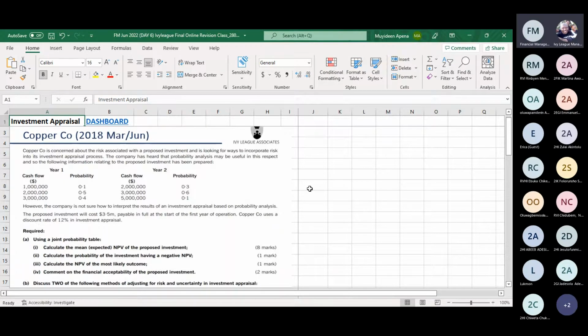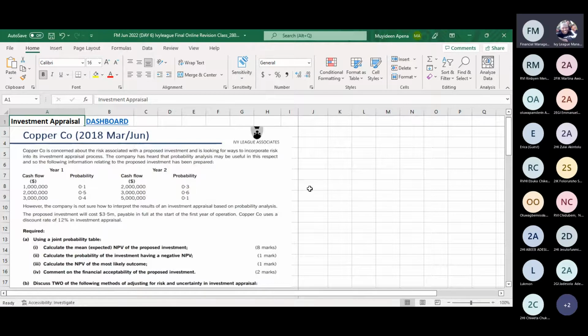For 2 years, they have their cash flows and they have the probabilities. However, the company is not sure how to interpret the results of an investment appraisal based on probability analysis. The proposed investment will cost $3.5 million, payable in full at the start of the first year of operation. Copperco uses a discount rate of 12% in investment appraisal. This is all we have been provided for this scenario.